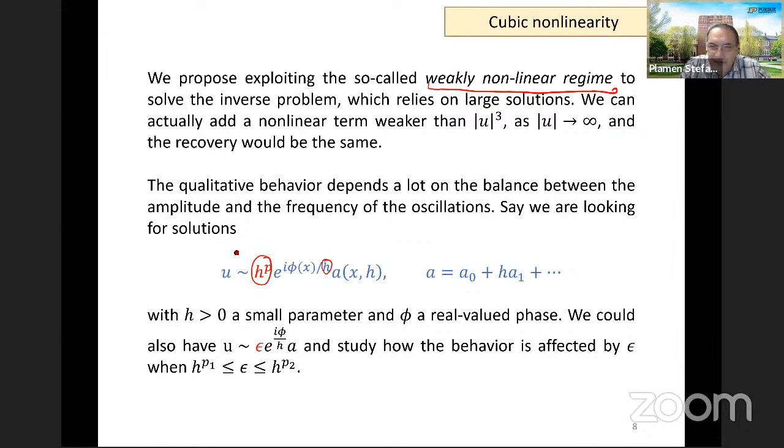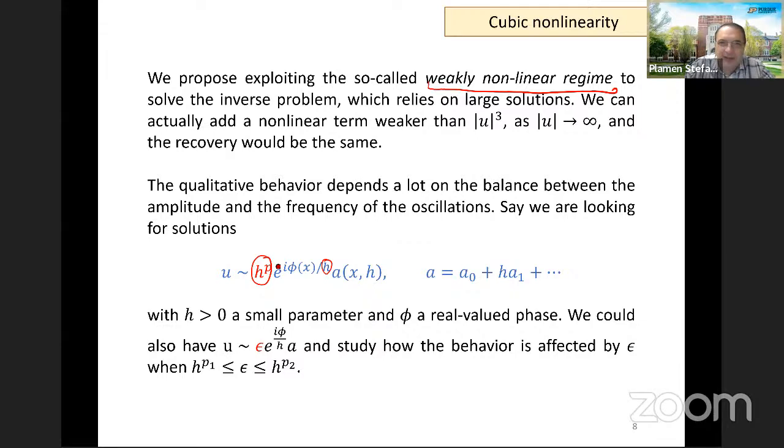And this is known in physics as the weakly nonlinear regime under some conditions on p. We'll see that in a moment. But the point here is that if you start changing p, the behavior changes dramatically. So it's basically a qualitative change of the behavior.